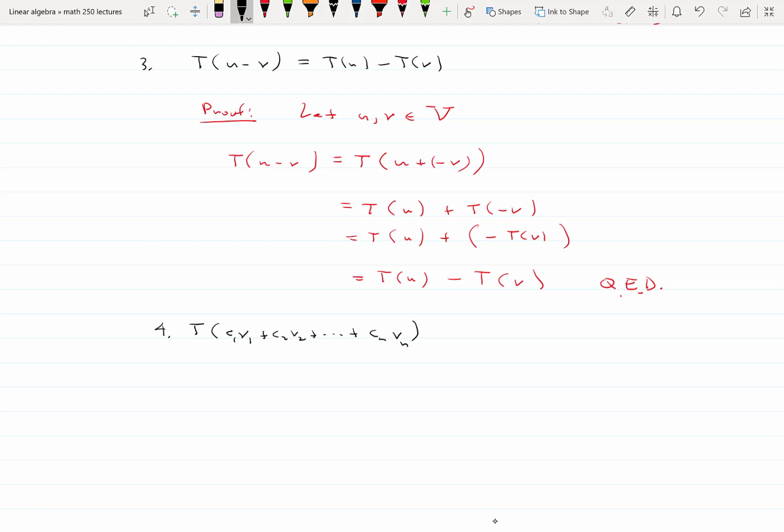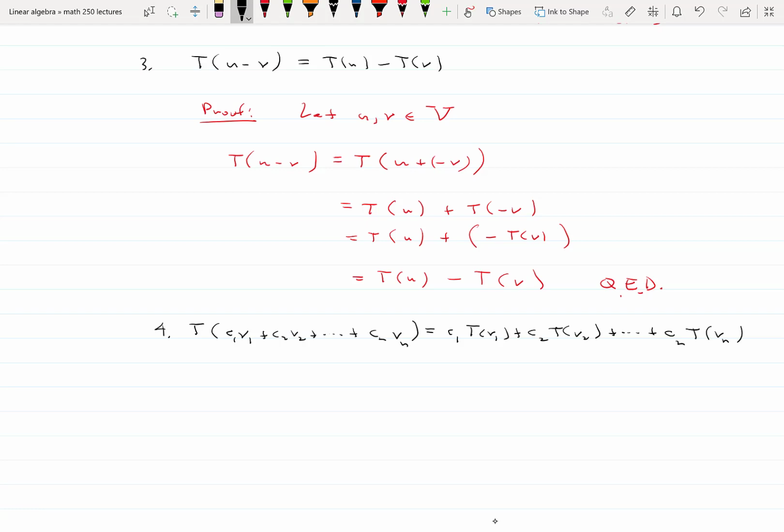Again, I'm just trying to review topics that we've talked about. So number 4 is the ultimate important part of this theorem. It says that the linear transformation turns linear combinations into linear combinations, and the linear combinations in the space W look like C1 T of V1 plus C2 T of V2 plus up to Cn times T of Vn.